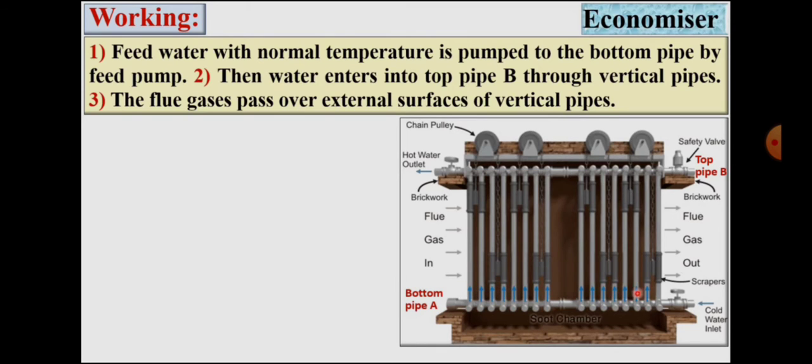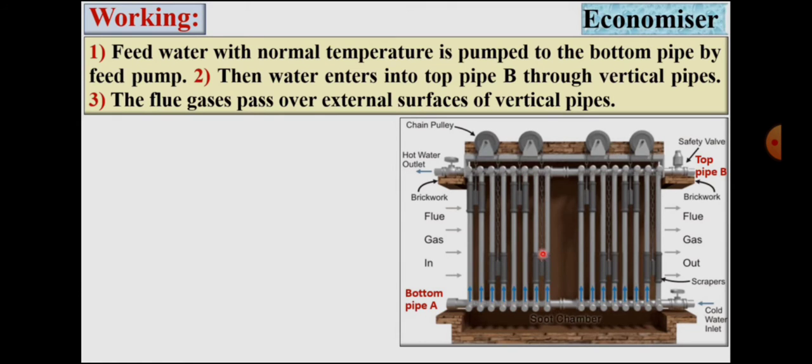Here you can see the arrow direction. The flue gases from the boiler pass over the external surface of these vertical pipes. This is the flue gas direction and this is the water direction through the vertical pipes.